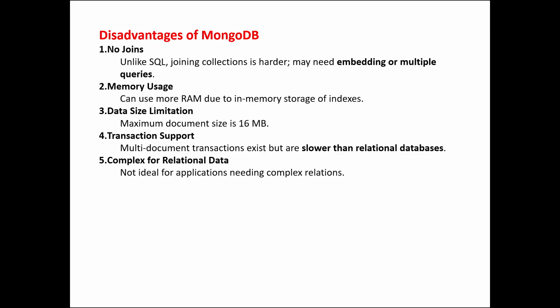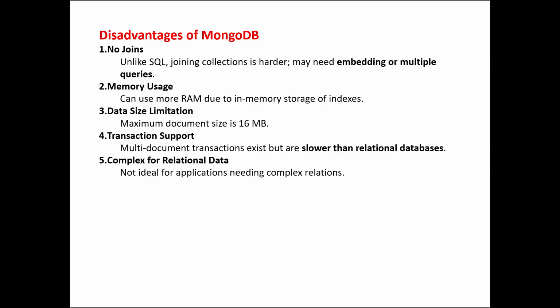Next, transaction support. You already know the ACID properties in SQL, which support transactions. In MongoDB, transaction support is slower compared with relational databases. It can also do it, but compared with relational SQL databases, document transactions are very slow.